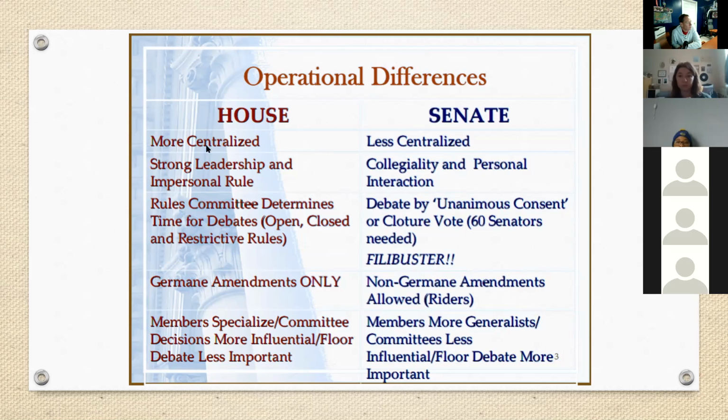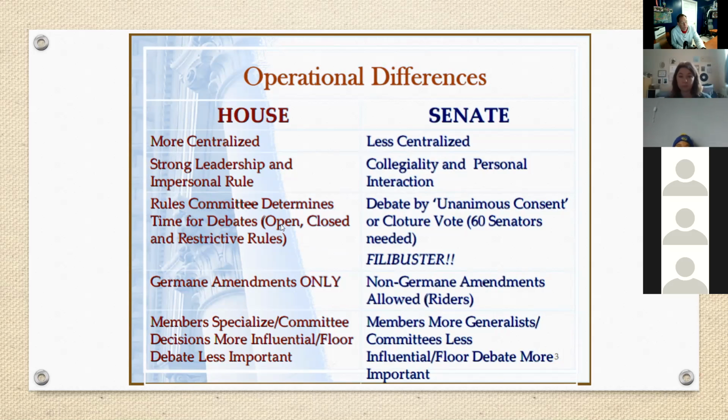So they're more centralized. They operate in committees a lot. Committees are really important in the House of Representatives, and committees are smaller sections of representatives. The Senate does it as well.